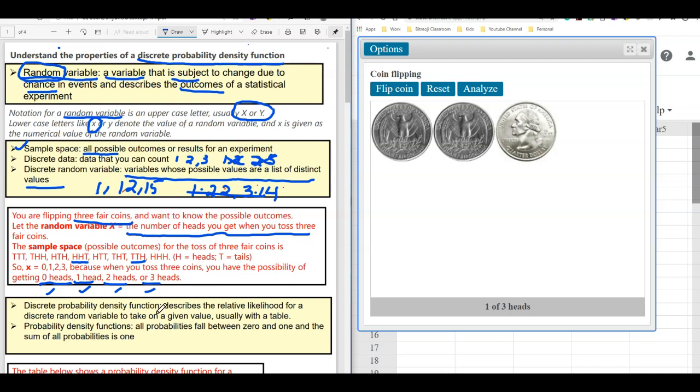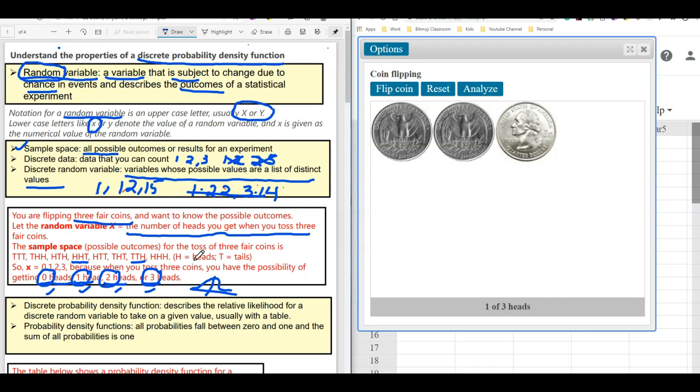Discrete probability density function is something that gives you the probability of that particular case. If you want to find the probability of 3 heads, or 2 heads, or 1 head, or 0 heads, you put all of this together under a graph, and that graph is called your discrete probability density function.